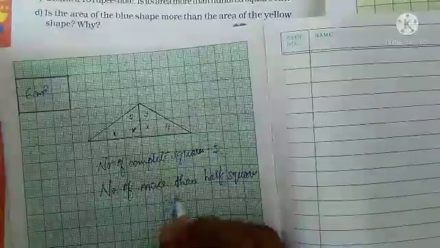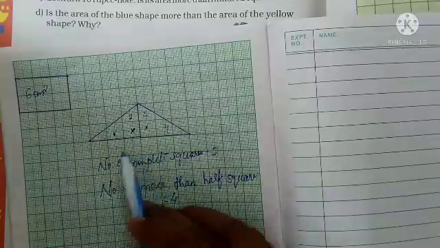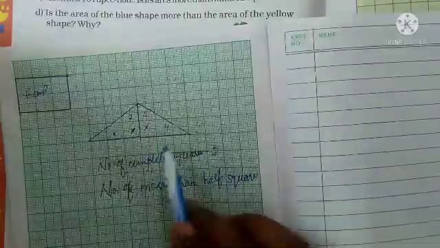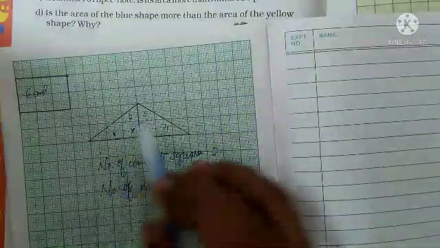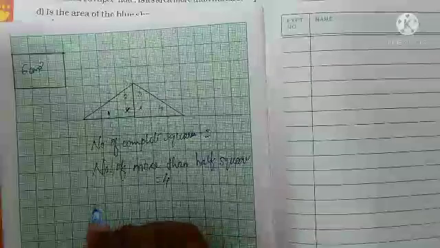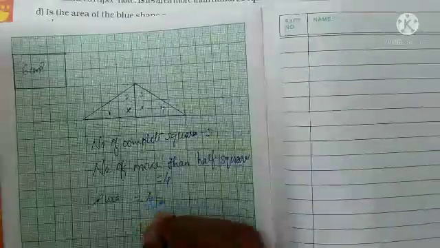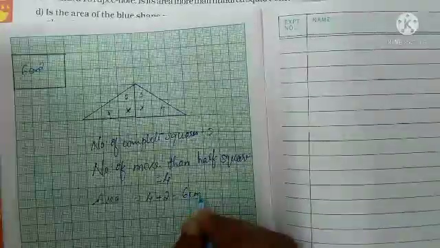So how many more than half squares are there? 4 more than half squares are there. The remaining portions are less than half, so no need to count them. There is no half square. So the area is 4 plus 2, that is 6 square centimeter.